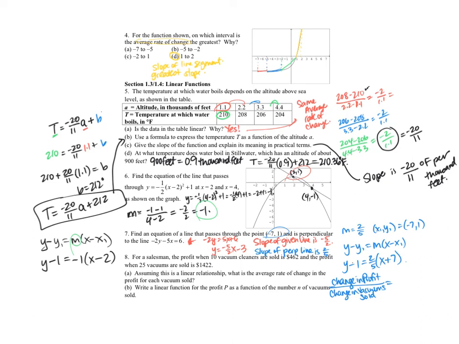Okay, so 1422 minus 462 over 25 minus 10. So if I compute that, I'm going to get 64. And the units for that are dollars on top per vacuum.